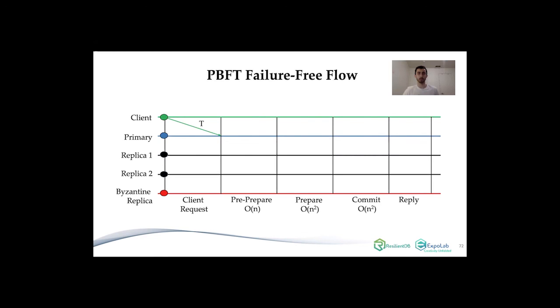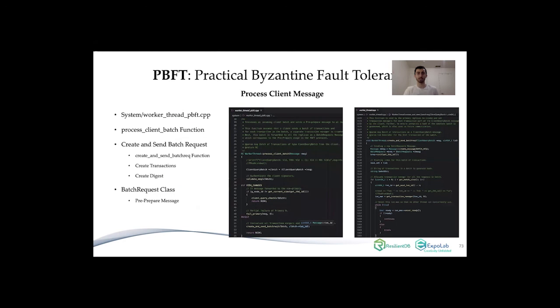So let's go over the PBFT flow and see what's happening there. The first step is the client to send a message to the primary. This sending message is happening in the client thread. In the client thread, client creates a message and send it to the primary. And we are going to start what's happening in the primary. As you can see, there's a process client batch message. There's a process client batch function in the worker thread PBFT.